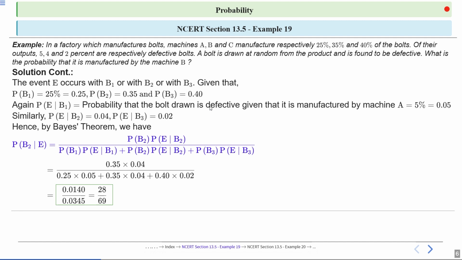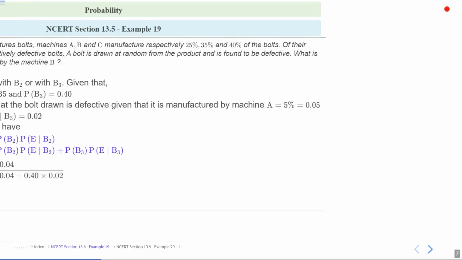Clear? And this is our final answer. So the probability that it is manufactured by machine B is 28 divided by 69. I hope this is clear to all of you. So now let's move to the next example.